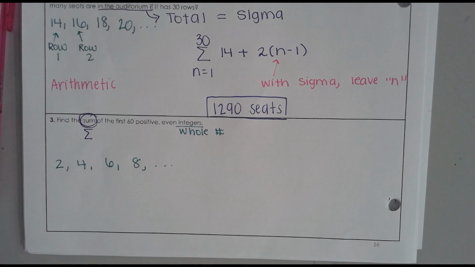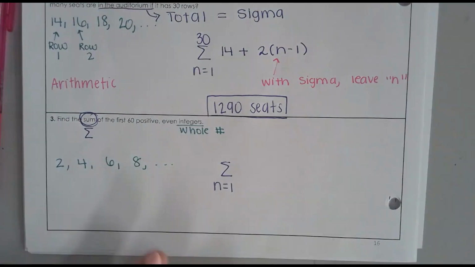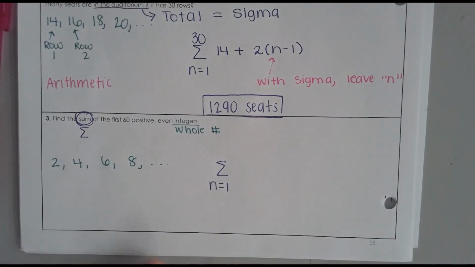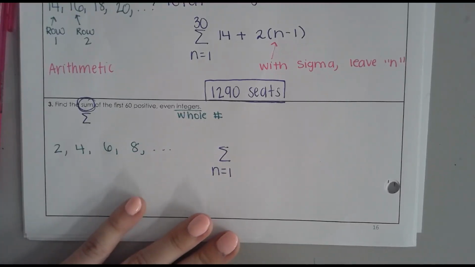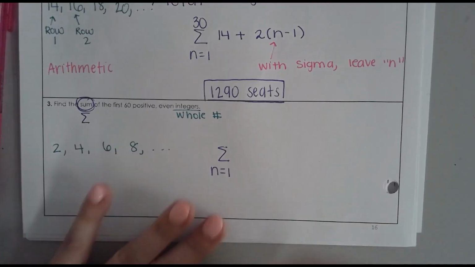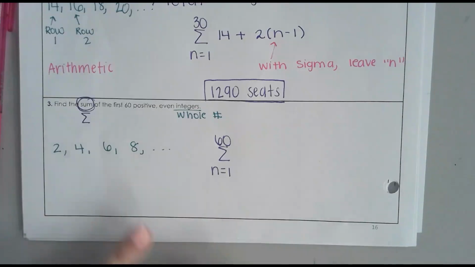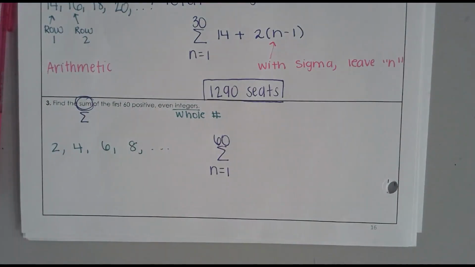So I know that I'm going to need to use sigma. N equals 1 on the bottom. What's going to go on top? 60. And then I'm doing my formula. Is it arithmetic?